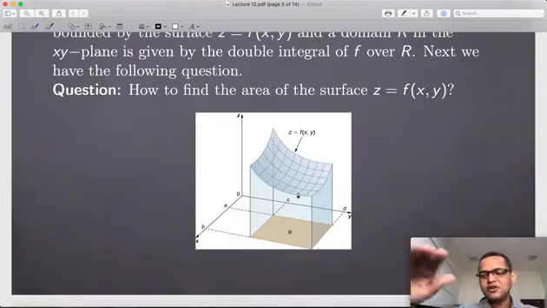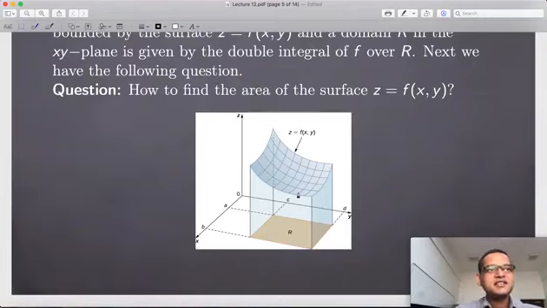Now this is no longer a flat surface. The roof is not flat, so it's not going to look like a rectangle. Or imagine a mountain top, or a hill like Isar hill. You want to measure the surface area of that hill. Since it's not flat, we can't just do length into width.